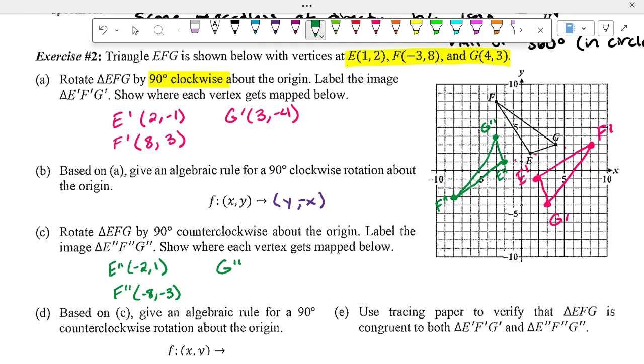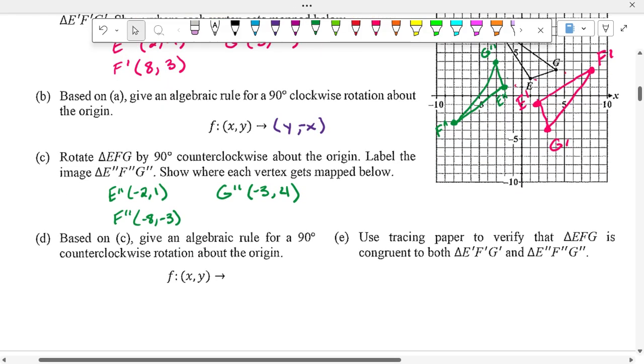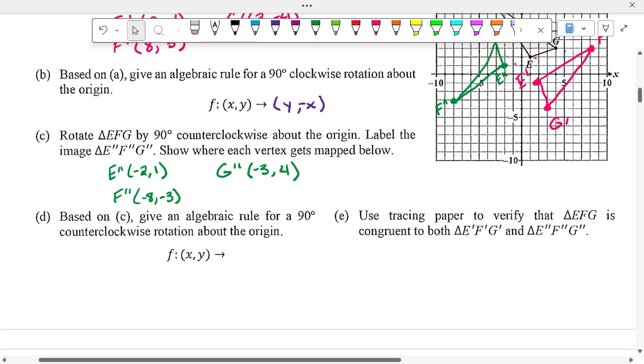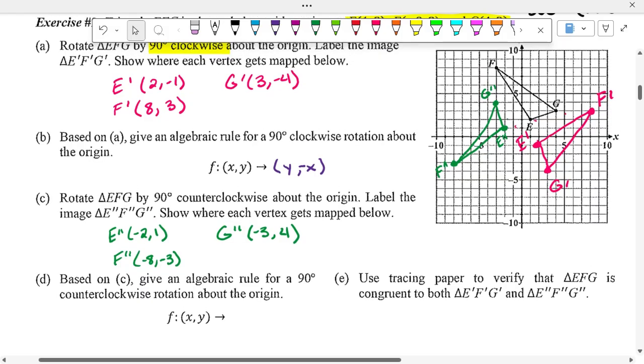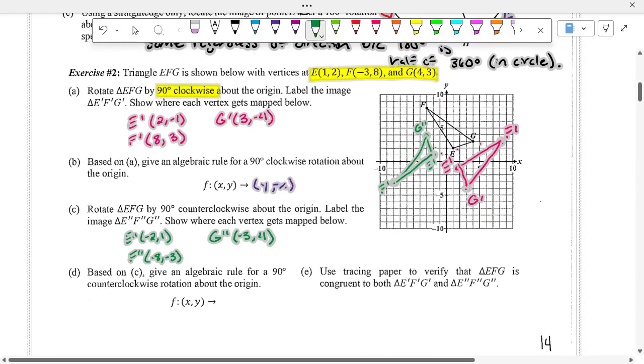For E and G, they're still in quadrant 1, so if I go 90 degrees counterclockwise, where do they end up? Quadrant 2. All right, and that's what happened here, so that makes sense. So, rule-wise, what happened from our original points to our new green points? What happened?